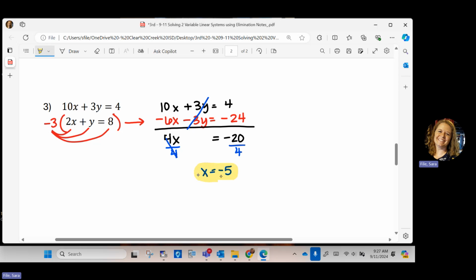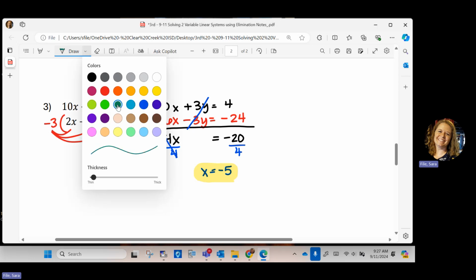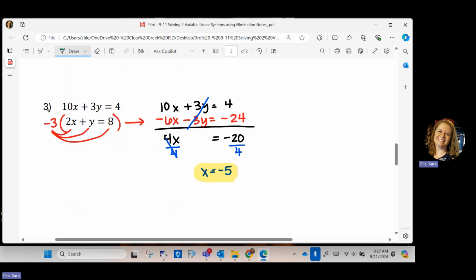Now I am going to take that x value and substitute it back into one of the original equations. Which original equation do y'all think would be easier for me to plug that into? You can do either one. The second equation has smaller coefficients to deal with, so that might make it easier. So I'm going to use 2x plus y equals 8, and I'm going to substitute negative 5 in for x.